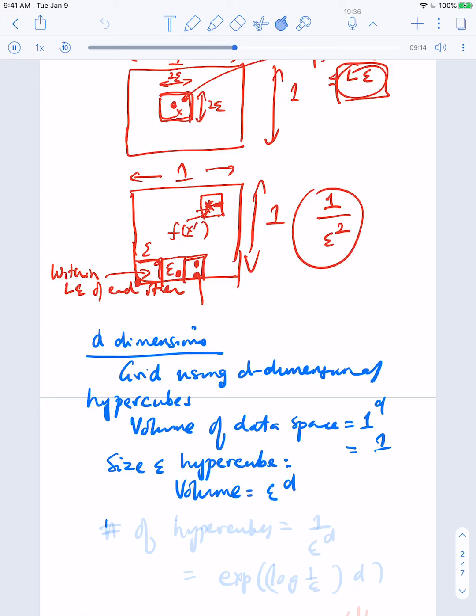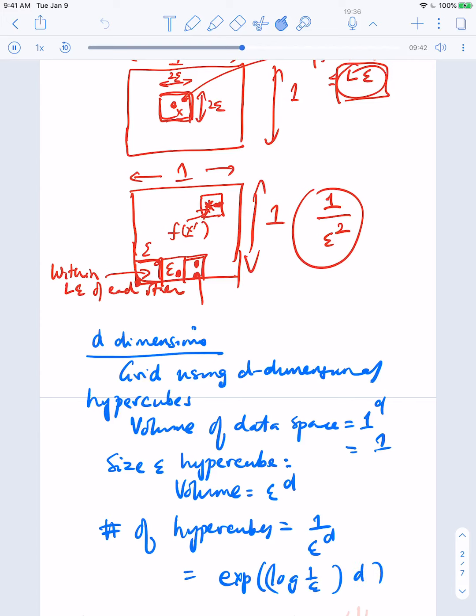Basically, the number of hypercubes that you need of this size is of course 1 over epsilon to the power of d. Epsilon is of course smaller than 1, and this is of course exponential, right? So basically it's exponential of log of 1 over epsilon times d.